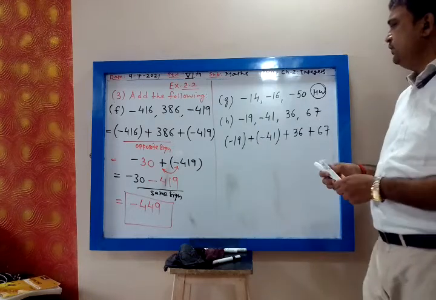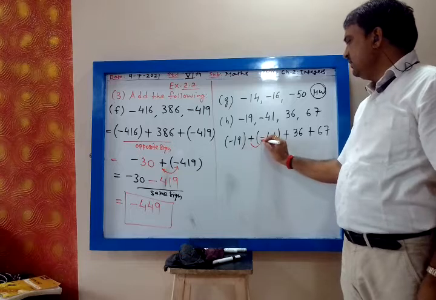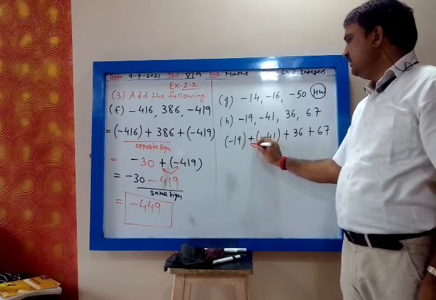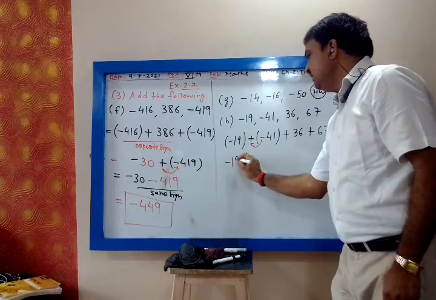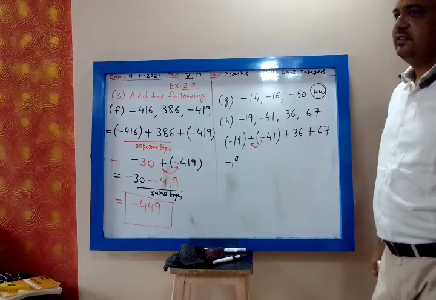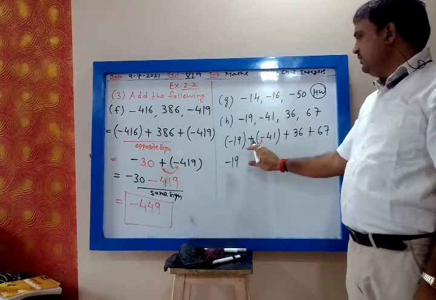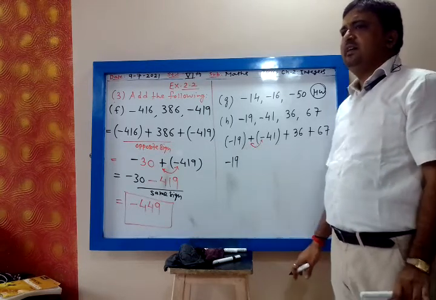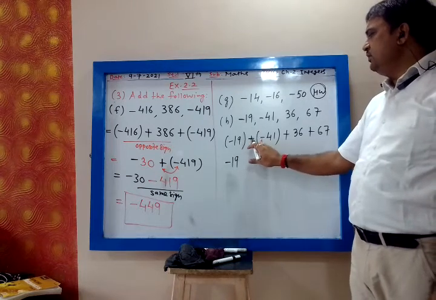Now let us solve these two first. Now their two signs are multiplied together. So this is minus 19. I am solving the H part. Add the following. Now, whenever two signs are together, plus and minus, we have to multiply the sign.